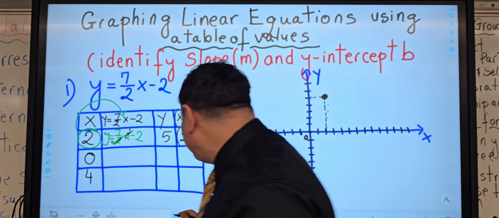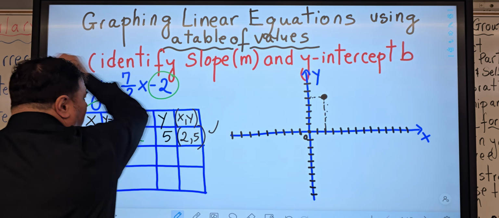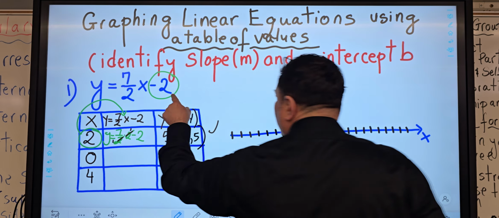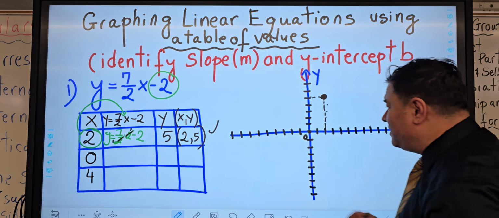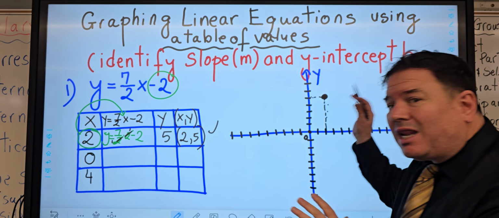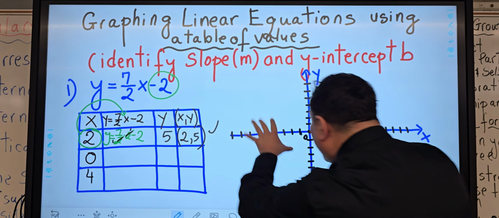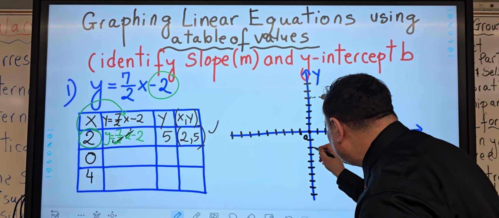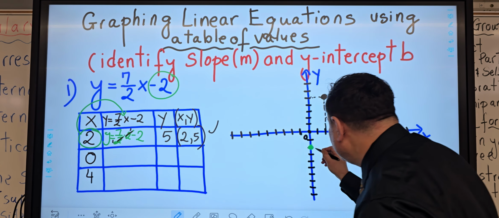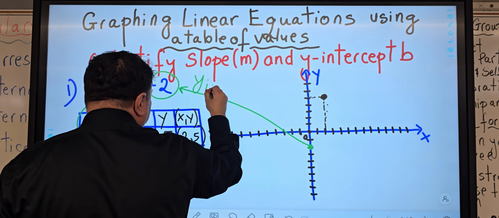This number, including the sign, -2, represents the y-intercept. So we know that our line for this equation is going to cross the y-axis at -2. Don't forget that. -2, right here. This one is actually the y-intercept.